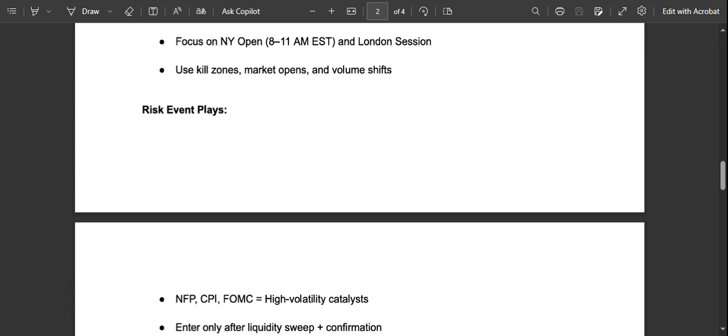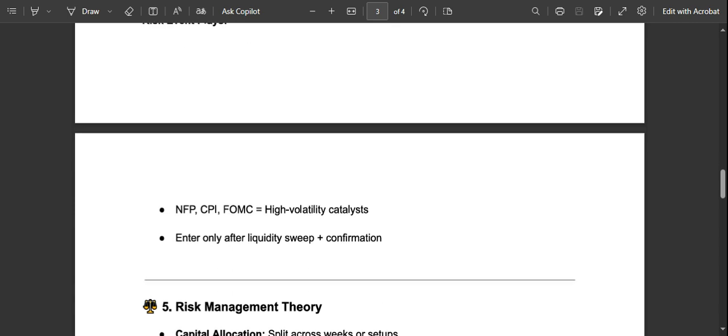So there are some risk events that outsmart this strategy. That is, when you have the almighty NFP, the non-farm payrolls, the consumer price index, that is the CPI, and the FOMC. These are high volatility catalysts.